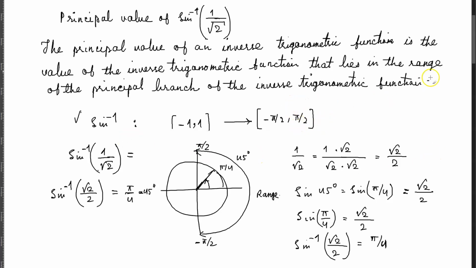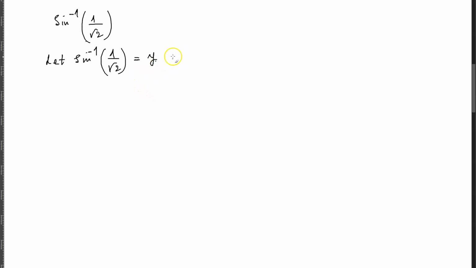And then the way that they have solved this problem in the solution is that they have said that since we want to calculate the sine inverse of 1 over square root of 2, you can write: let sine inverse of 1 over square root of 2 be equal to y, right? And then what that means is that sine y is equal to 1 over square root of 2.